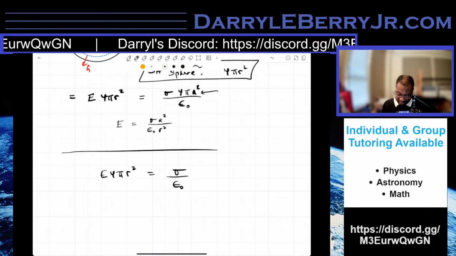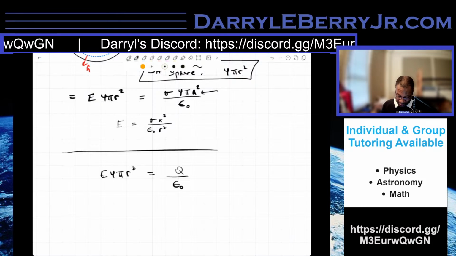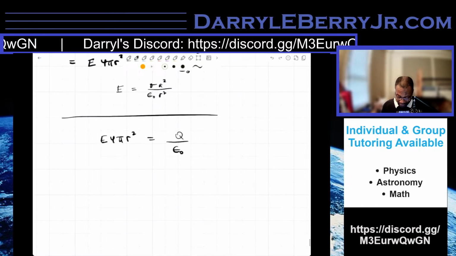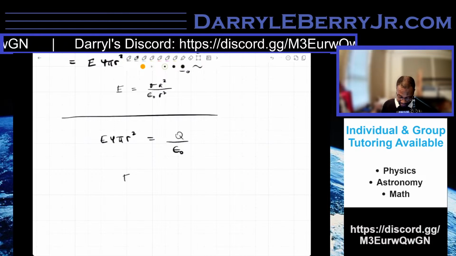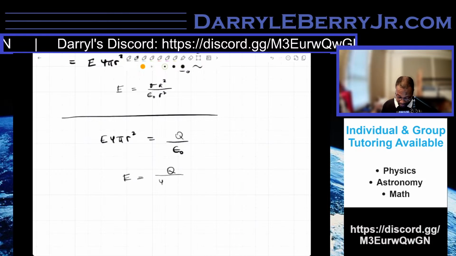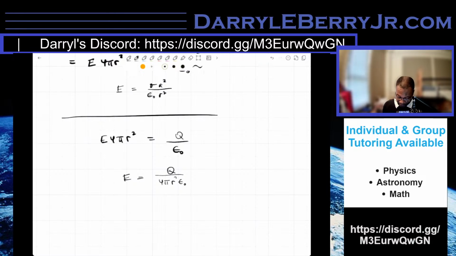I kept the charge as just a charge instead of the surface density times the area. When I divide, the electric field is Q over 4 pi r squared epsilon naught.